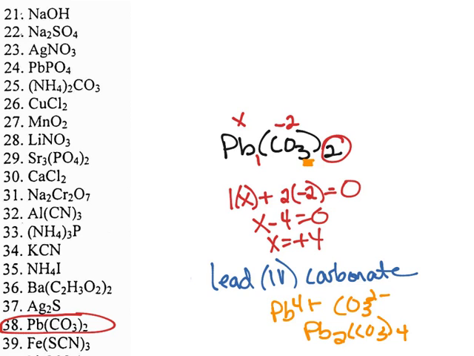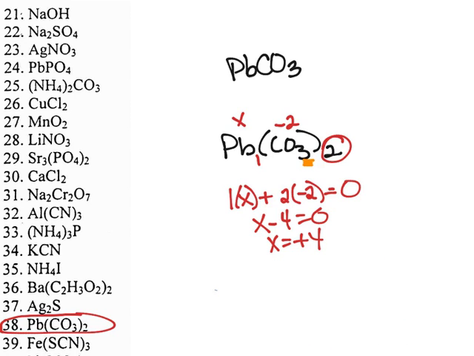Let's look at this if it were a little bit different. Let's say instead, to start with, I had PbCO3 only like that. Okay, again, I have Pb. It has more than one charge. I've got to figure out the charge before I name it because the charge will be the Roman numeral.